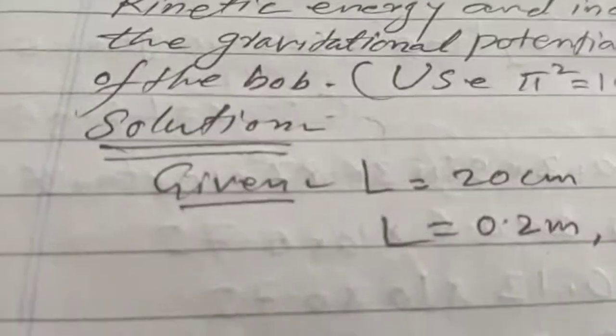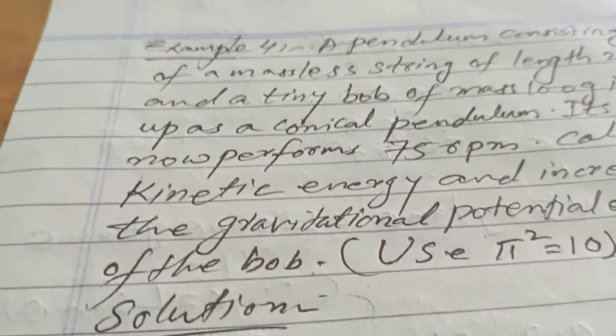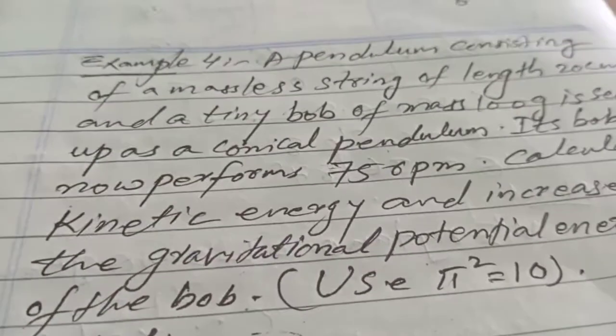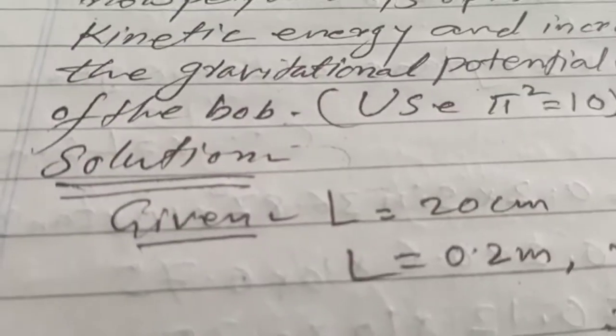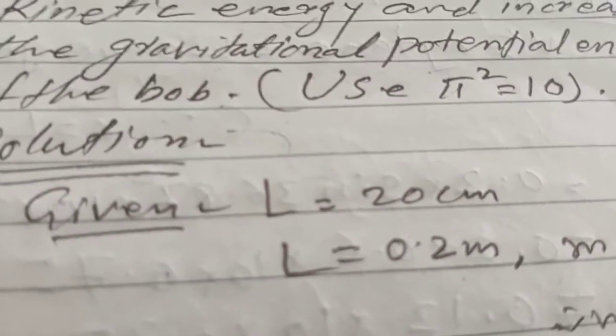Given capital L is 20 centimeter, the length of the string of the pendulum. Convert to meter by dividing by 100, so 0.2 meter.